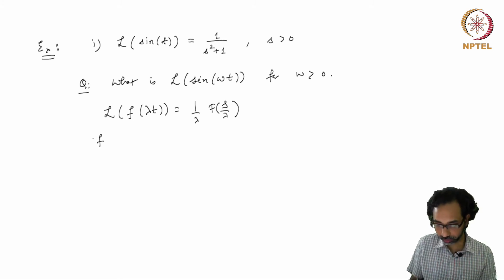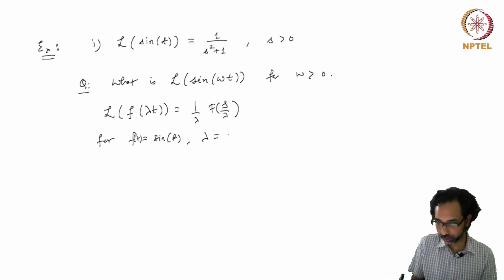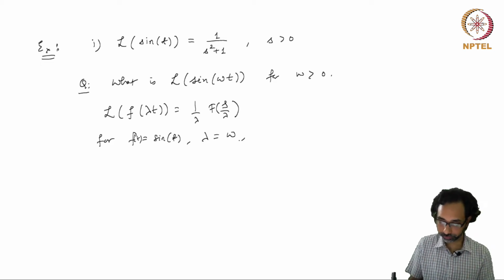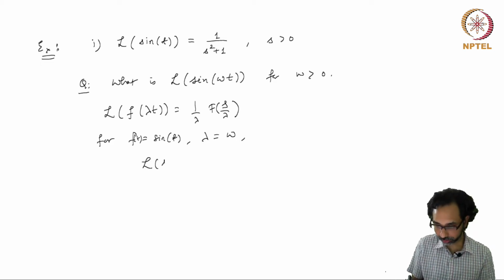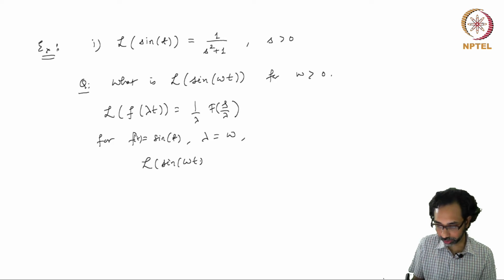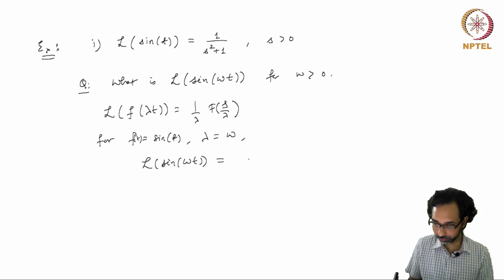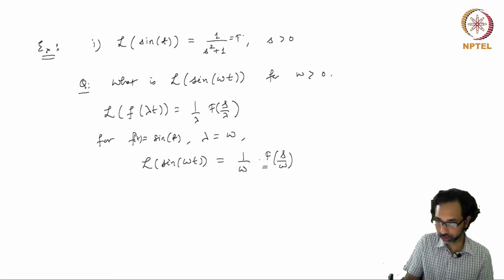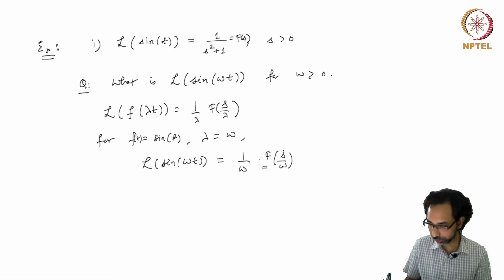So for f of t the sine function and lambda equal to omega, we get the Laplace transform of sine of omega t is equal to 1 over omega times F of s over omega, but here F is simply this function 1 over s squared plus 1.